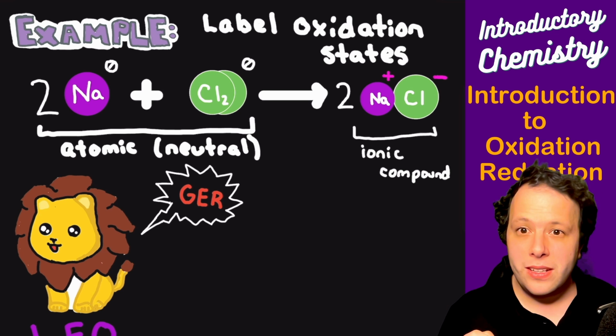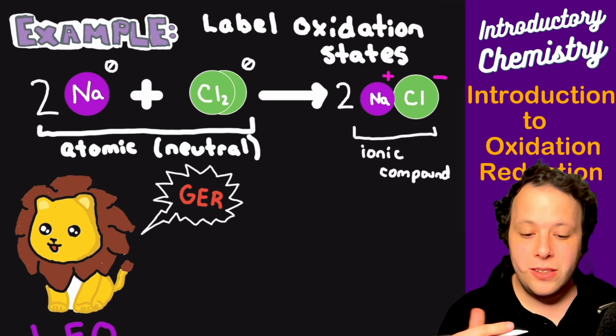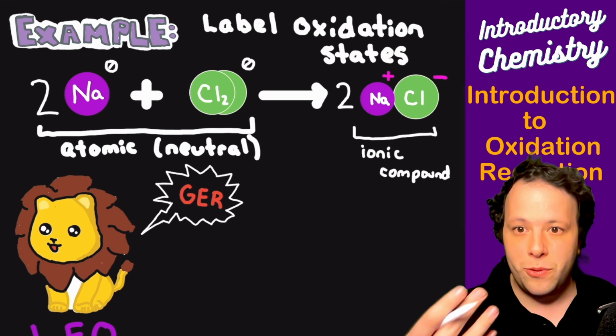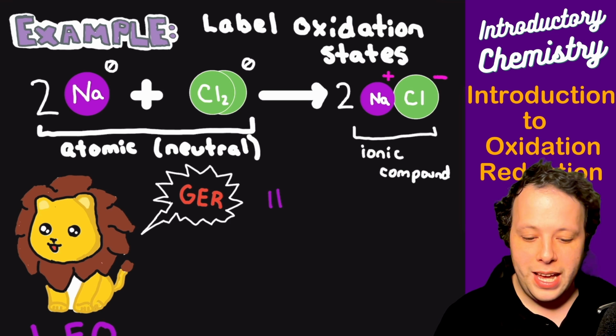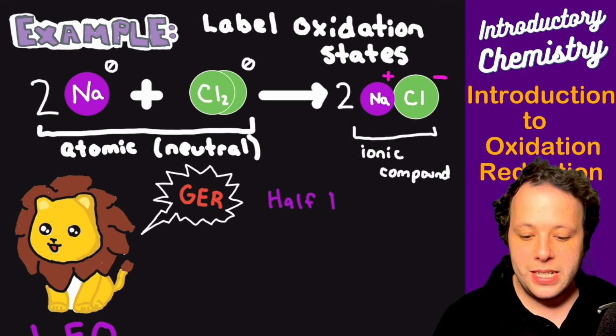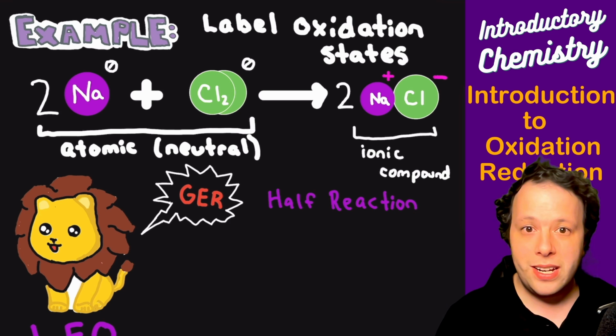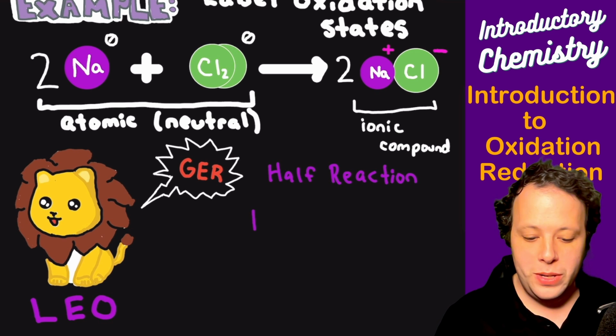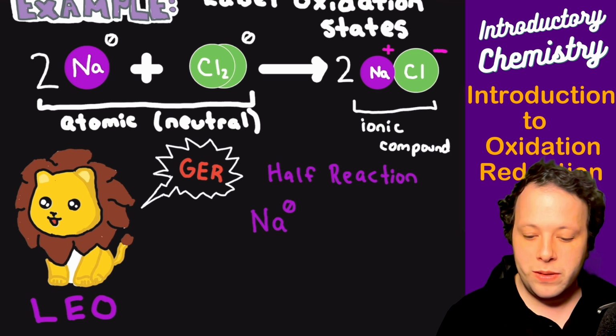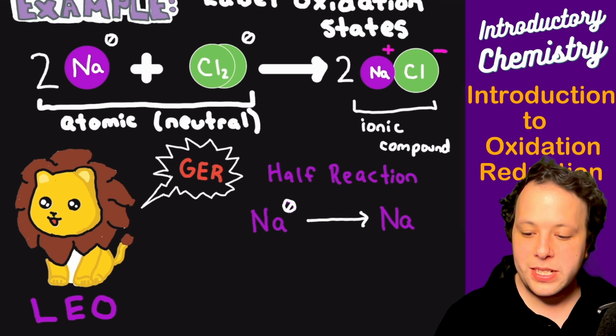The way that we can look at this is by looking at what we call a half reaction. What a half reaction does is you write down the species from the left and the right side. So I have sodium on the left and it has a charge of 0, and it's going to be turning into sodium on the right-hand side, where it's going to be changing its charge to a +1.